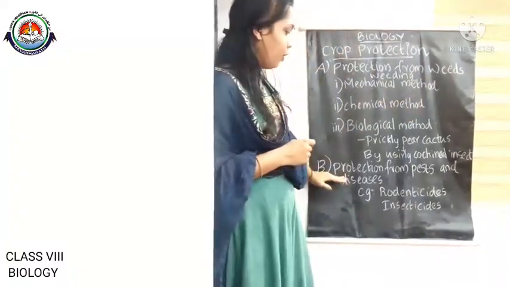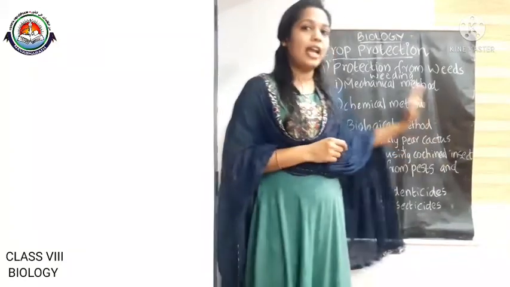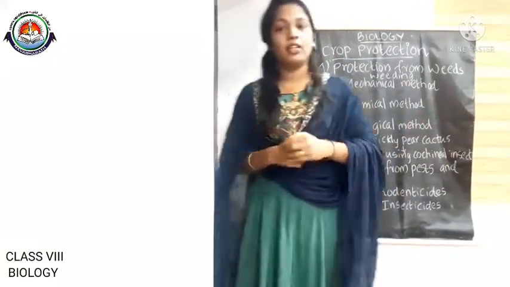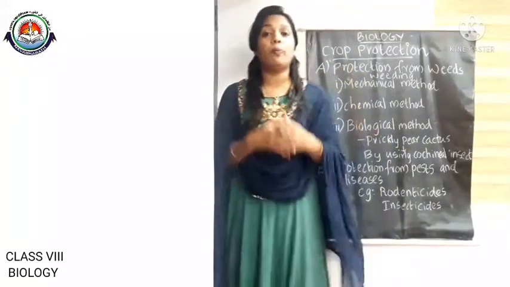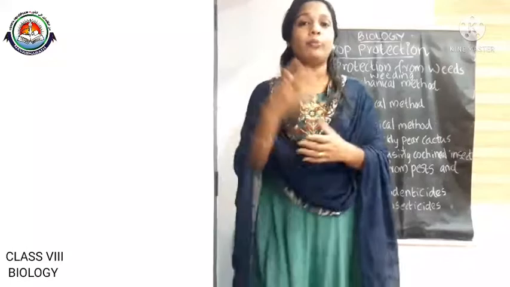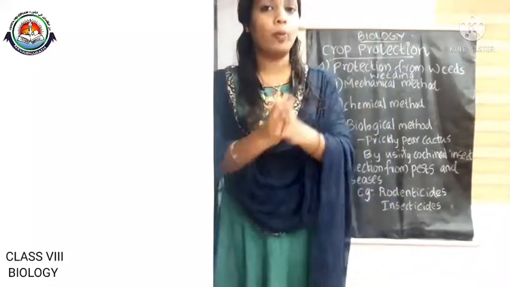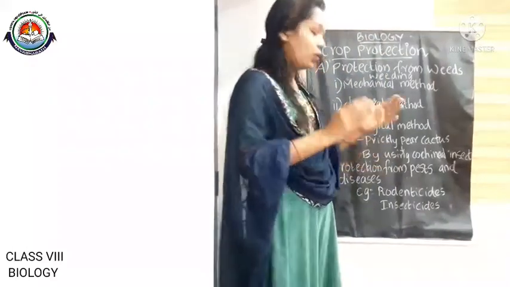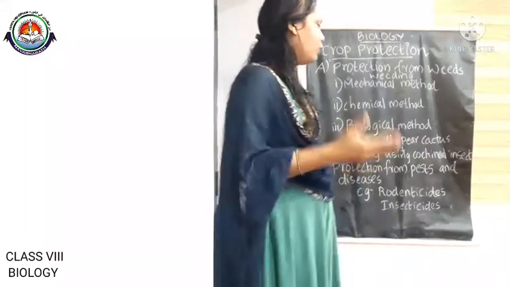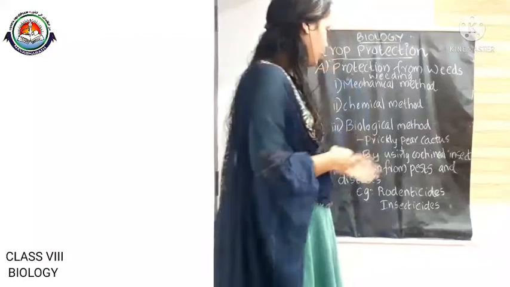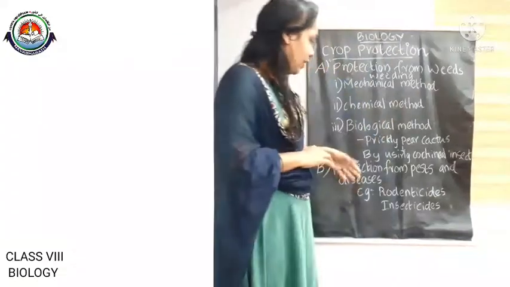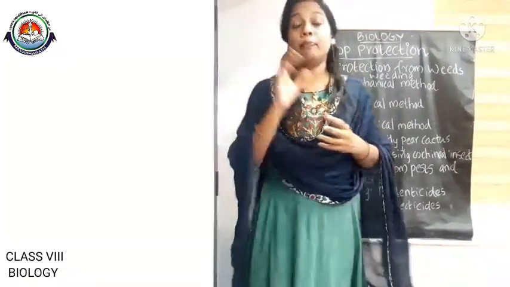The next topic is protection from pests and diseases. We know that certain pests and diseases will attack the crop plant, which will reduce the crop yield and also damage the crop plant. So in order to avoid that, we need to use some chemicals or other things for protection.